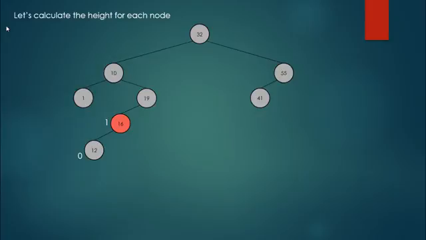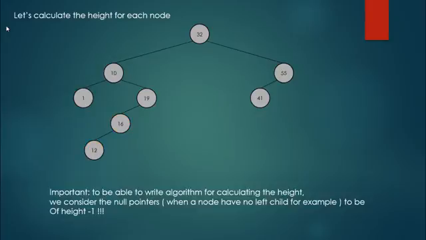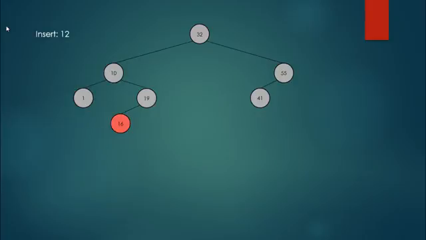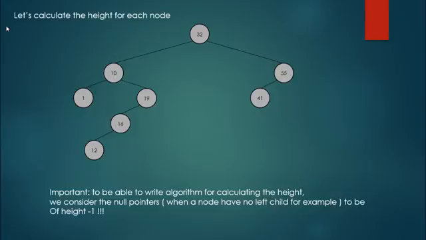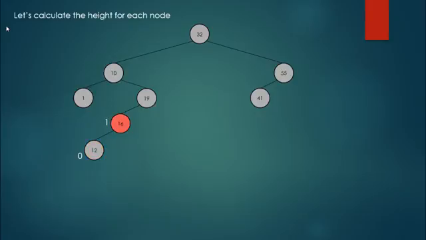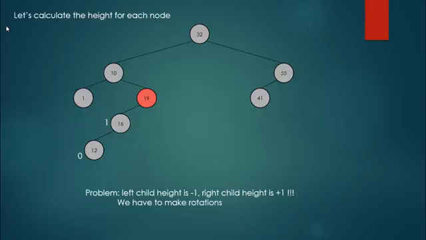and because -1 is less than 0, if we recall how to calculate the height, we have to consider the height of the left child and the height of the right child. We get the maximum out of it and increment it by 1, and that's why it's going to be 1. Then we go to its parent and check whether it's okay or not.